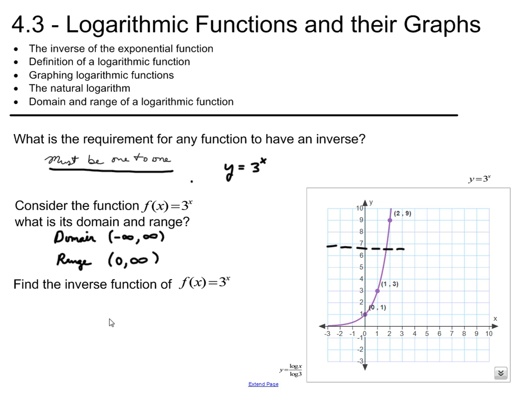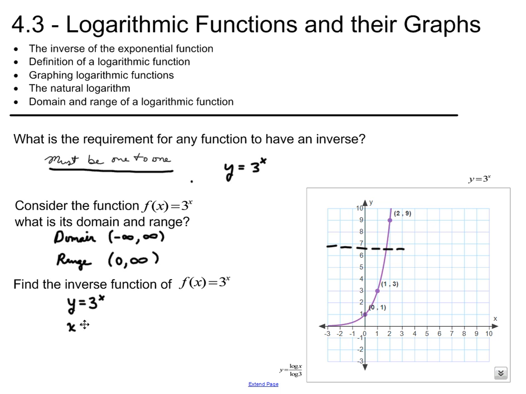So if we're interested in finding the inverse of the function f of x, y equals 3 to the x, how did we do it? Well, you recall from our earlier section that the method went like this. For finding any inverse function, we replace f of x with y. Then we swap x and y.